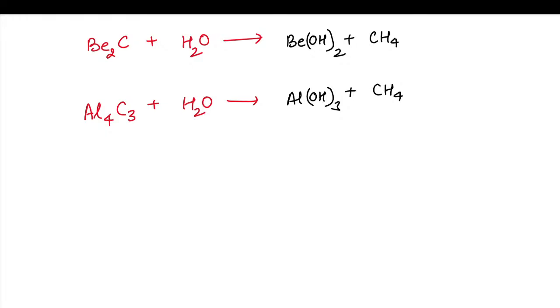So 2 Be(OH)2, 4 Al(OH)3, 3 methane, 1, so it is 4, and here 12 H2O. So in this way we get methane in both the cases.